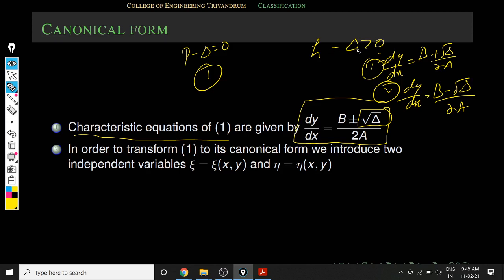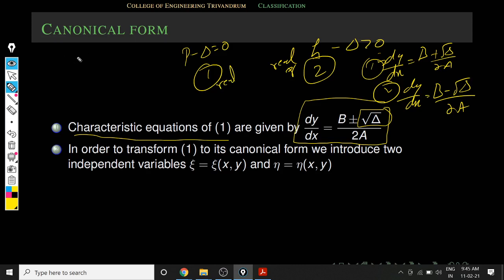In the case of hyperbolic, we have two. And one more interesting thing is that this is a real valued function. If delta is positive, then its square root is also real. So we have two real characteristics, and in the parabolic case one real characteristic.